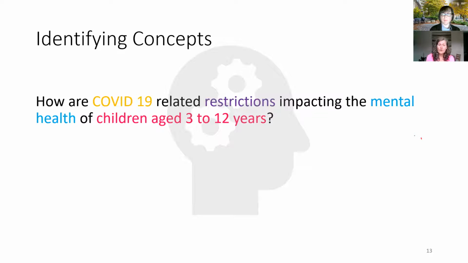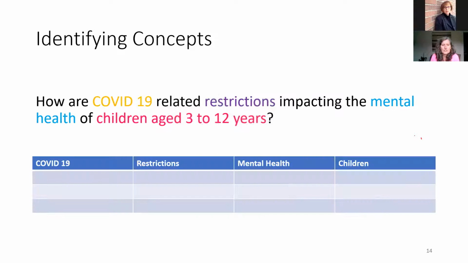So they are COVID-19, mental health, and the children. So these are the areas that now you need to break apart. So yes, you can do this search. Doing this search, for example, this question is a good structure for a literature review, but there's more that we want to explore in creating this question.